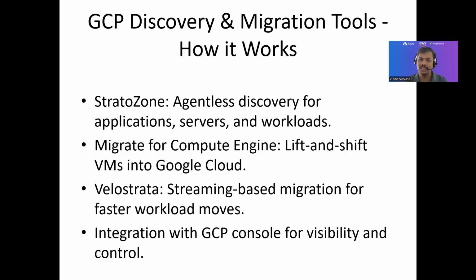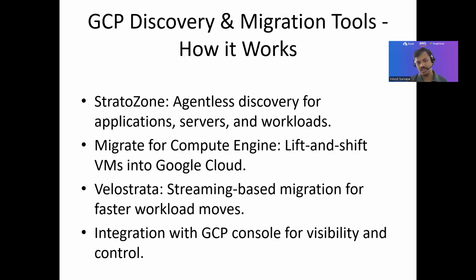Then how it works: StratoZone is an agentless discovery for application servers and workloads. You simply need to integrate it and it is going to provide all of those details and give us the complete clarity. Migrate for Compute Engine is going to lift and shift VMs into Google Cloud, with a lift and shift migration strategy basically, right?